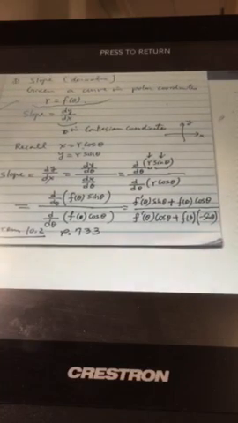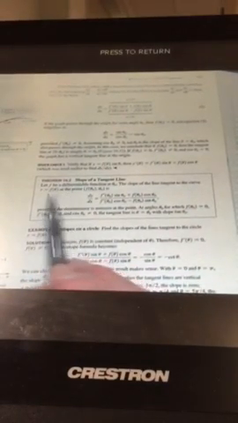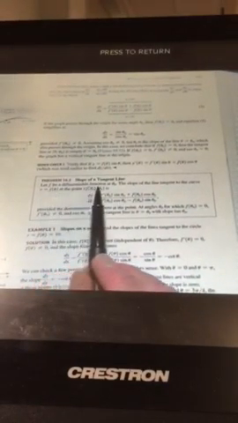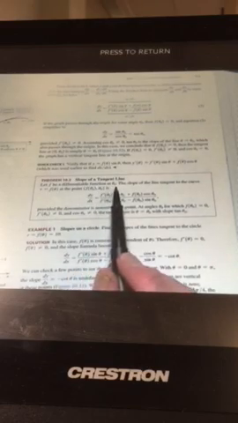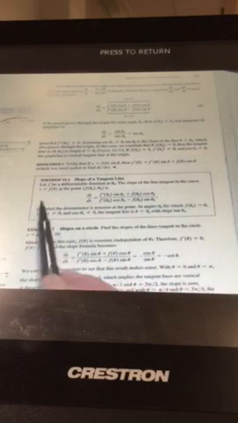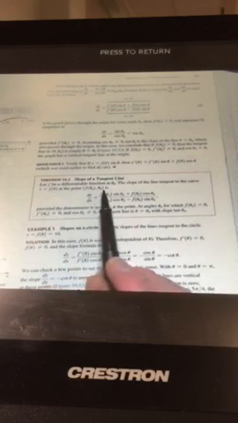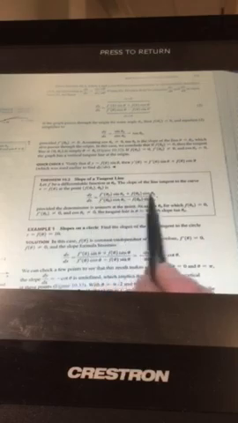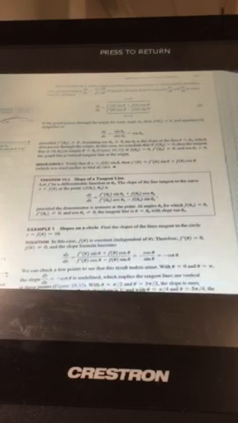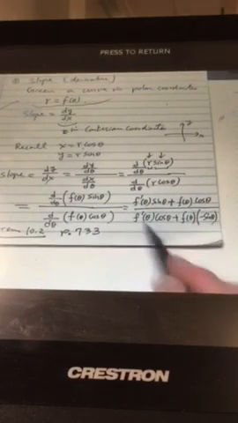Let me just show you this statement. Let f be a differentiable function at theta, the angle. The slope of the line tangent to the curve r at the point f of theta is equal to this. And this is exactly the expression I had here.